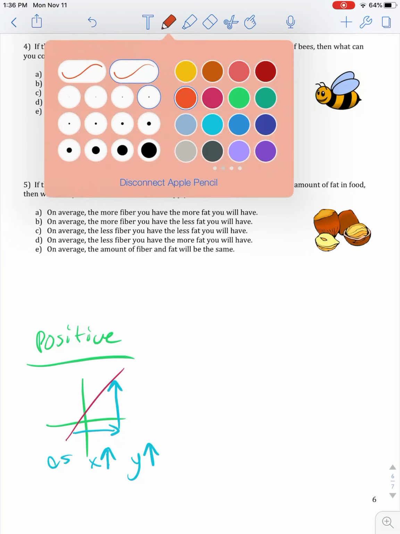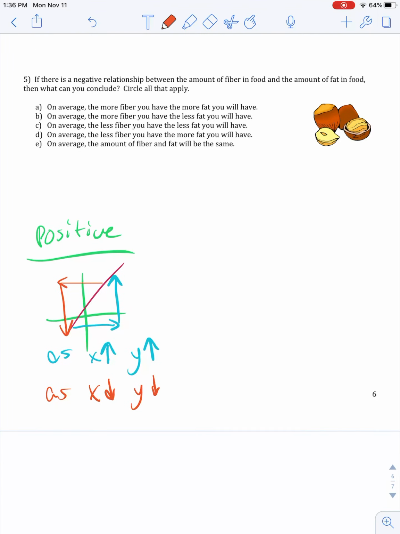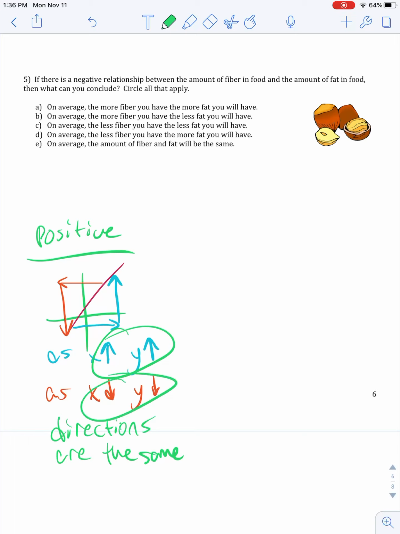In reverse, as x goes down, to the left, y goes down too. So what you'll notice is the directions are the same. Up, up, down, down.